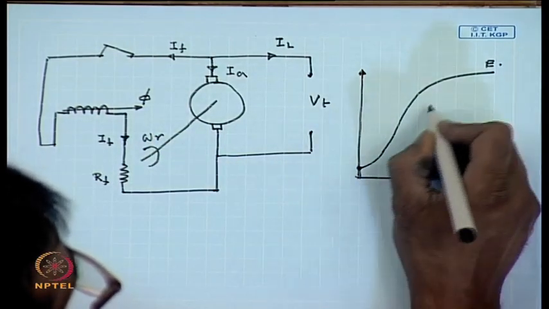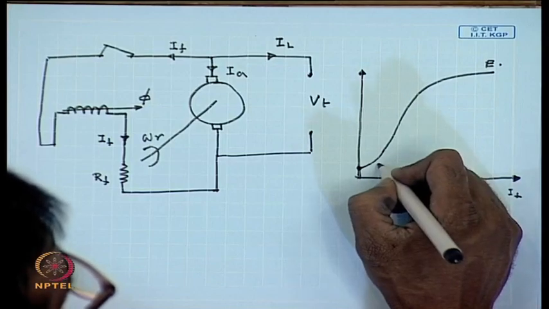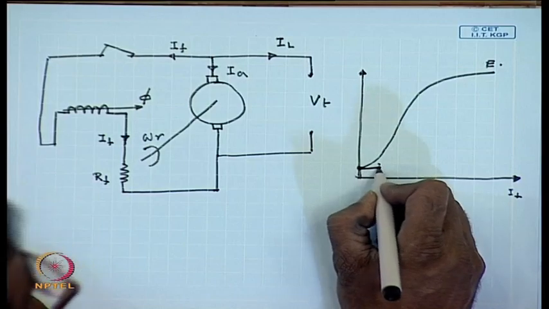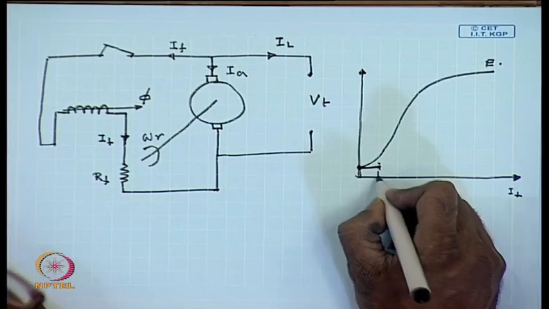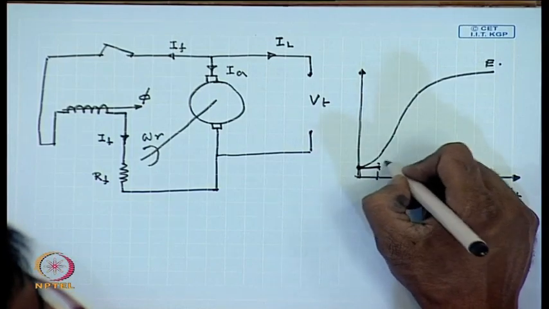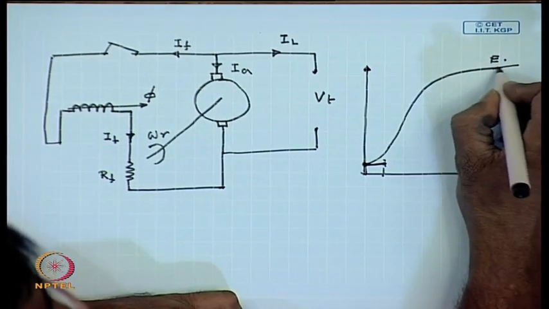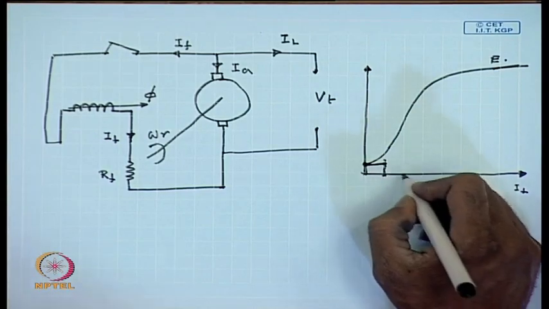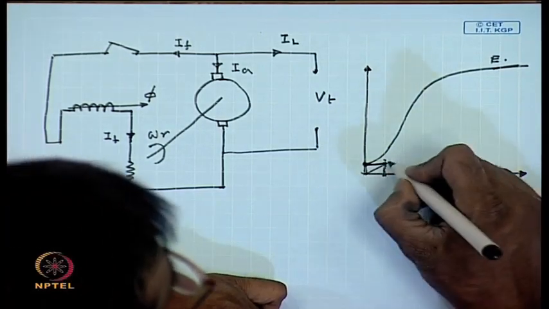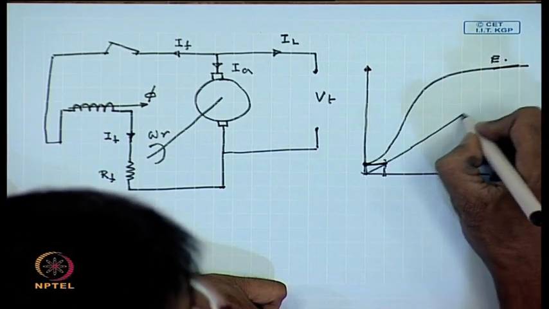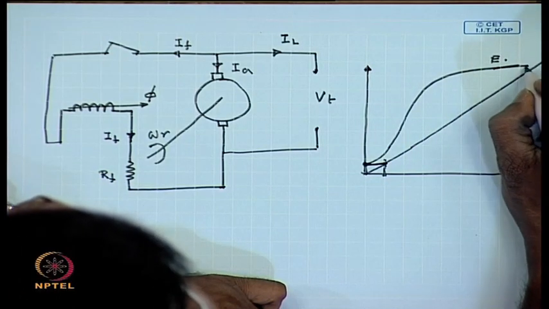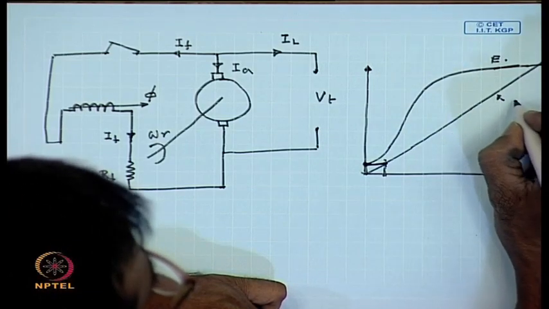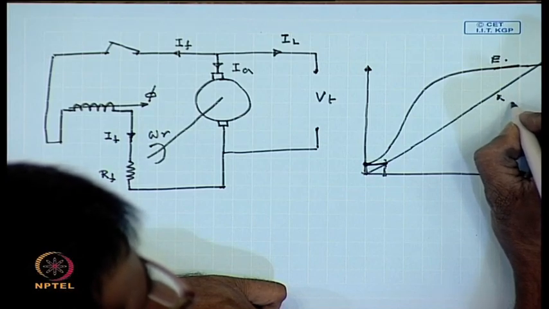Its magnitude will be equal to the generated terminal voltage, which is same as E here, divided by the field resistance. So, this is the field resistance characteristics, this is field load line.